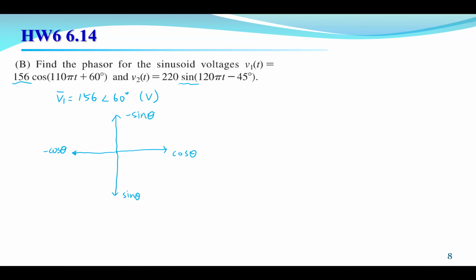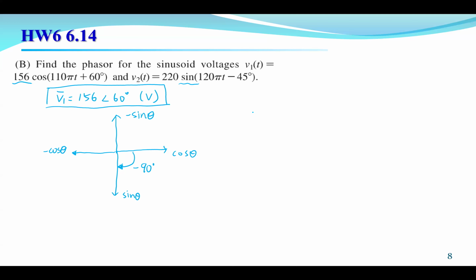And then since we need to convert sine to cosine, we start from cosine. So cosine goes to sine, we need to minus 90 degrees. So we have this formula. So this is the first equation, first answer.